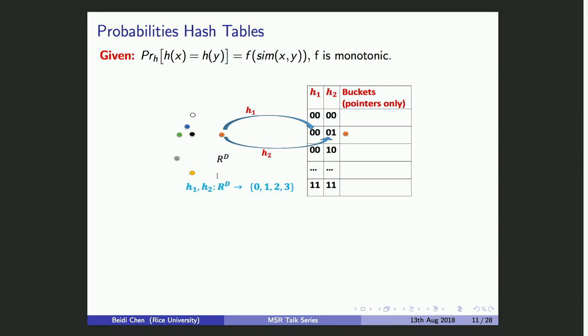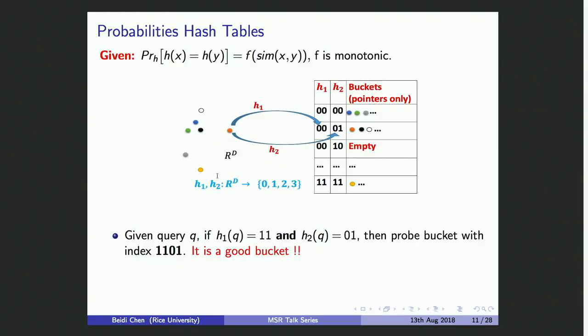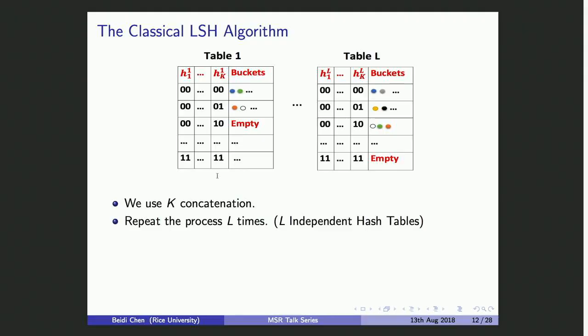I just talked about how you generate one hash code, and one random hyperplane won't work. You have to have a lot of them. So basically you have to have k hash functions for each hash table, and you have to have L hash tables. For each hash table, k hash codes need to match for two vectors to lie in the same bucket.